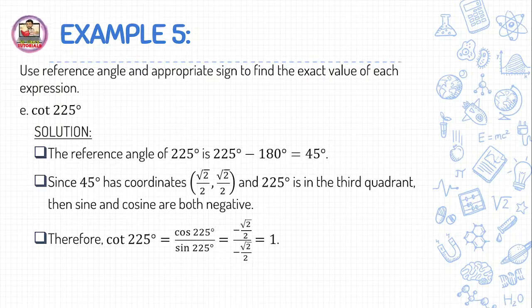Pero kapag radian measure, madali lang din siya kung kabisado mo na. But if you are having difficulty in trying to figure out the exact value of a circular function whose angle is in radian measure, yung may pi, okay lang na i-convert mo muna siya to its equivalent degree measure para mas madali. Okay?